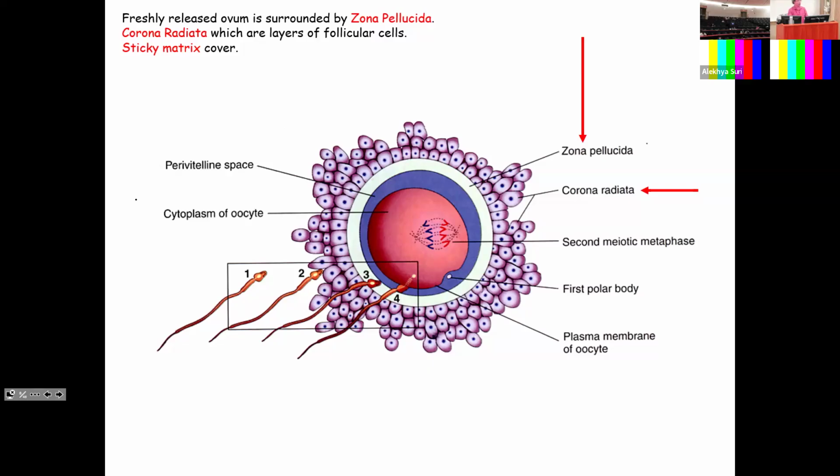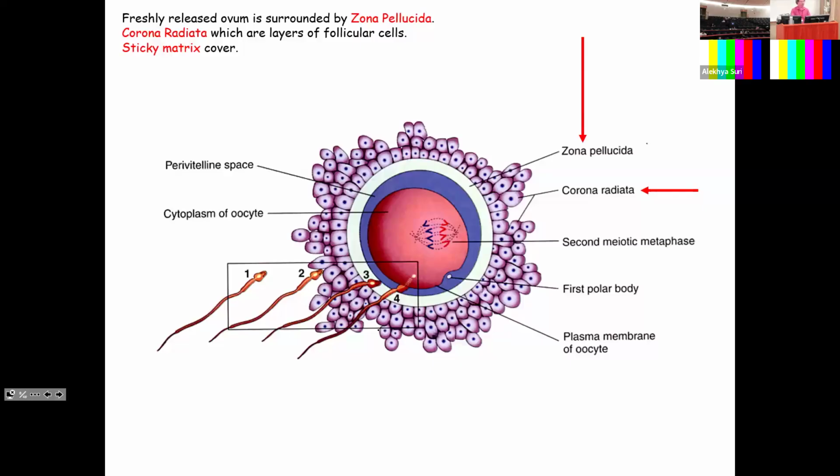These are follicular cells that remain attached to the oocyte, and it's called corona radiata. These are layers of follicular cells, okay? And this is the sperm that needs to get through the corona radiata cells.